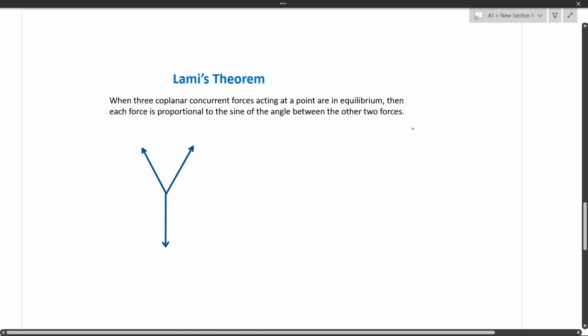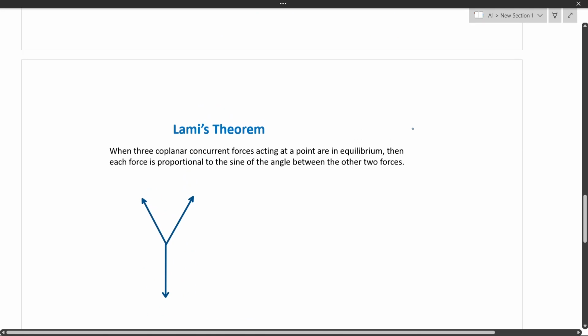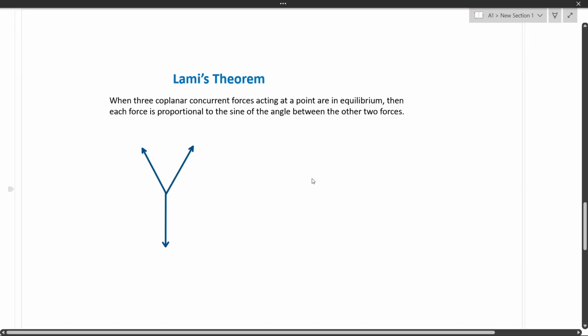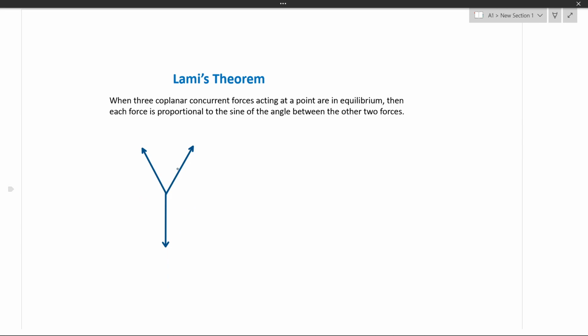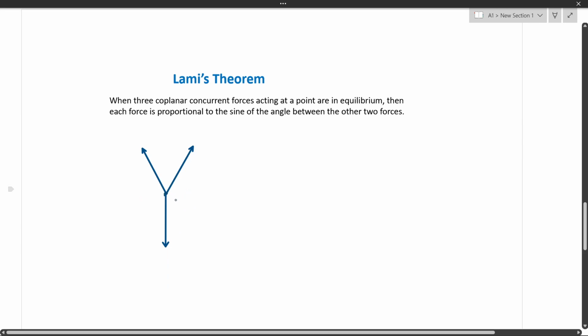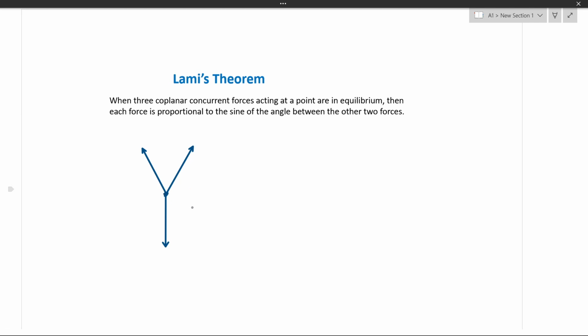And here we can learn what Lami's theorem is. Consider these three forces acting in the same plane, that is coplanar, and it's also concurrent because the lines of action of the forces meet at the same point, and it's also in equilibrium. Thus Lami has found something interesting.